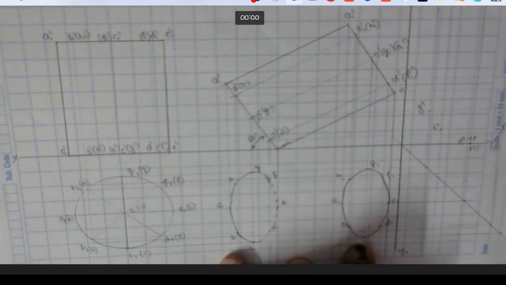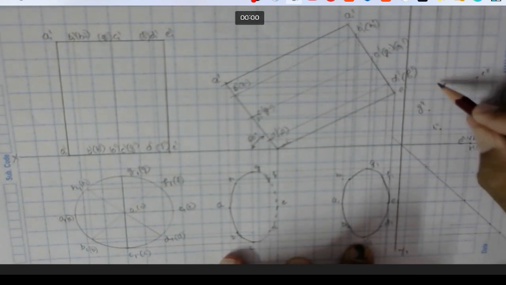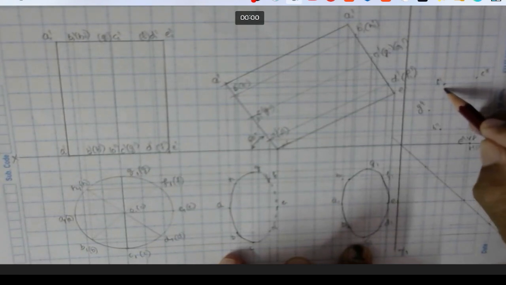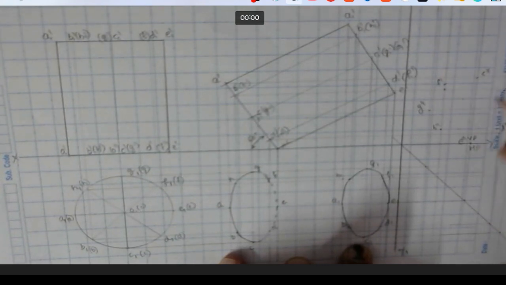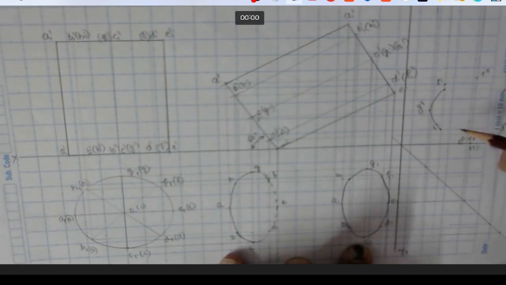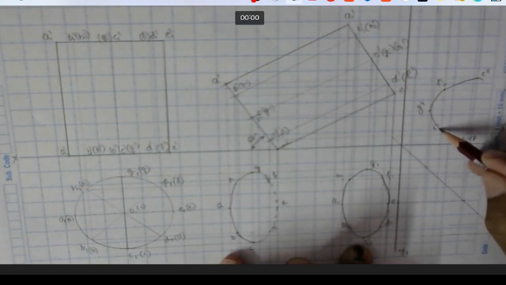So again, if you come over here, you got a B double dash. If you come over here, you got an E double dash, you come over here, you got an F double dash. So again join these points with a smooth curve here. Now base surface is completely visible when you are going to look from left side.